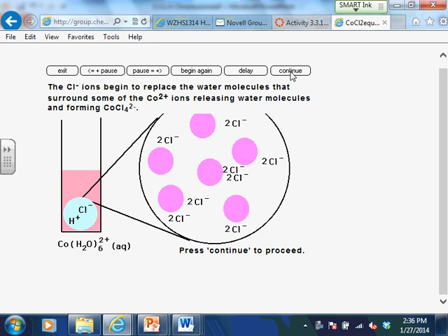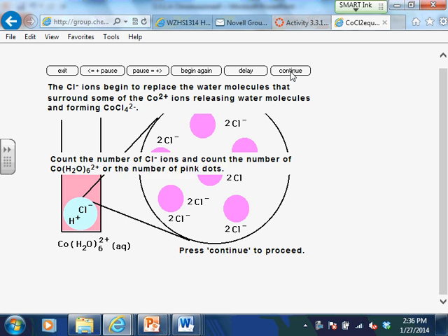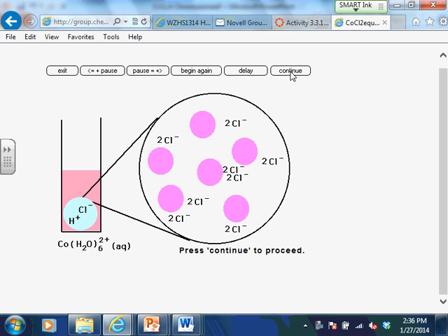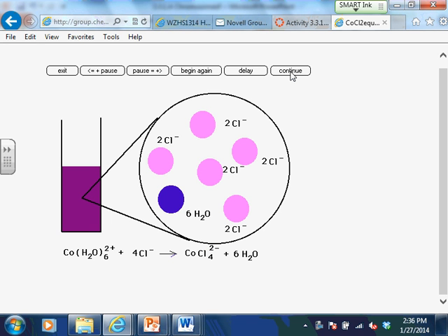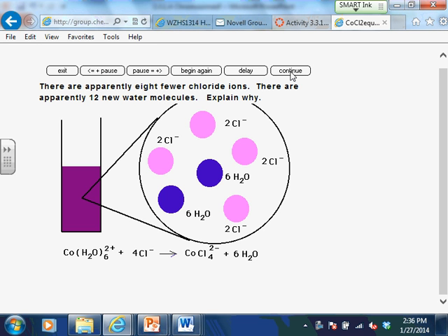Okay? So they begin to actually replace water molecules. Okay, you've got that Cl minus in there. And then once there's enough of it, it can start to replace those water molecules. Count the number of Cl minus ions and count the number of pink dots. You don't necessarily have to do that. Okay, so now it's changing to a more purple-ish type color because you're getting the blue in there.